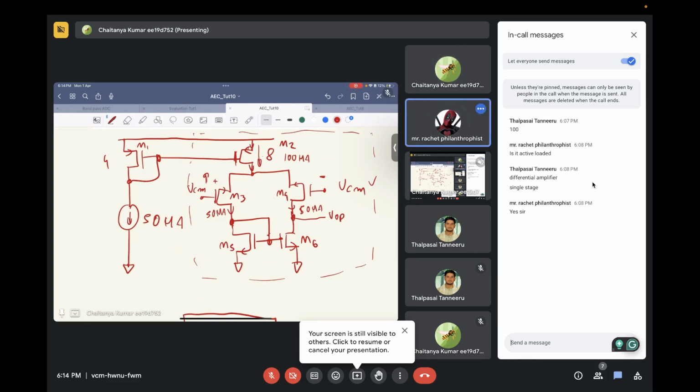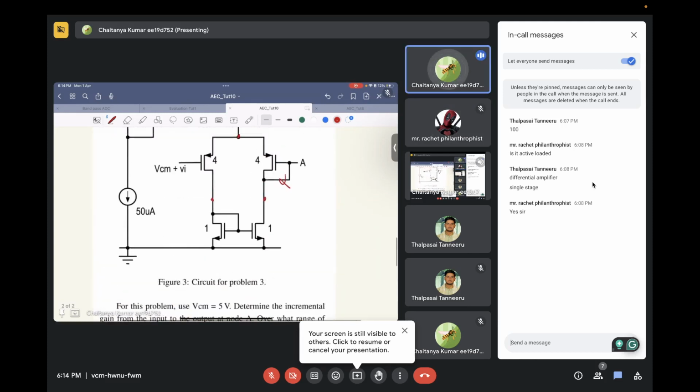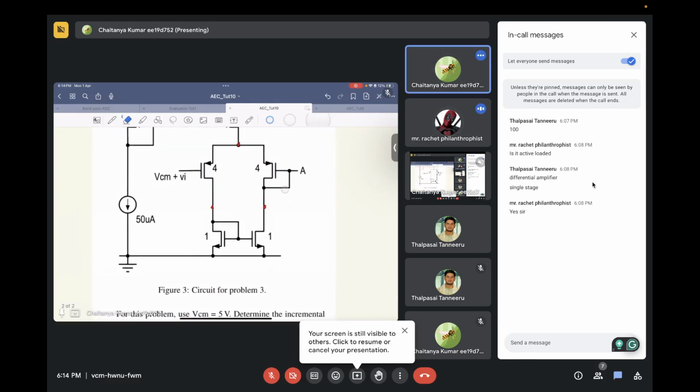M4, right? So this is what is asked in your question, right? Yes. So basically, you are giving input to the positive terminal and taking output at the negative terminal. And this structure is a high gain structure and is connected in negative feedback. Okay.